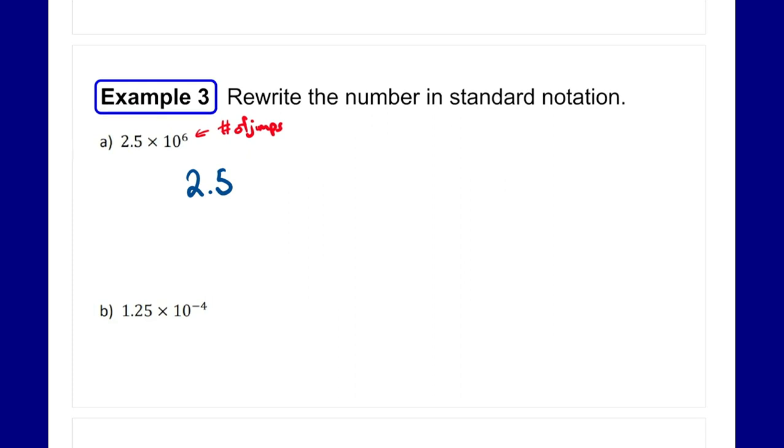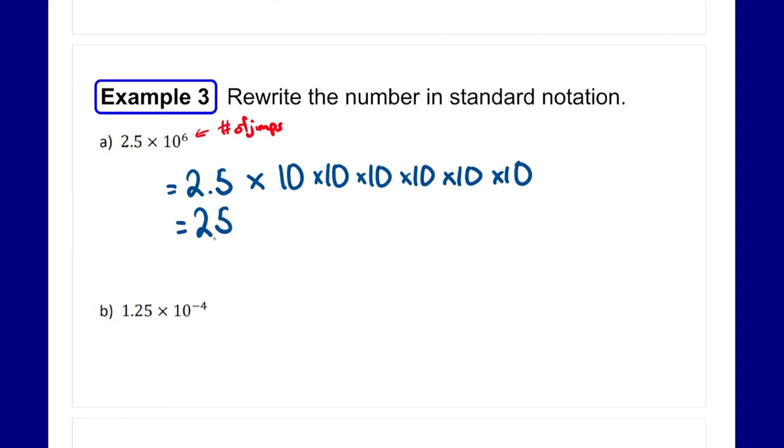So what I could do is multiply this out. 10 to the power 6 is 10 times 10 times 10 times 10 times 10 times 10, and actually get a value. Depending on your calculator, you may not get the actual value. They may put it back into standard or scientific notation, but this is actually saying I'm moving the decimal place 6 times, right? Because when I multiply by 10, I move up a placeholder from the ones to the tens to the hundreds to the thousands and so on.